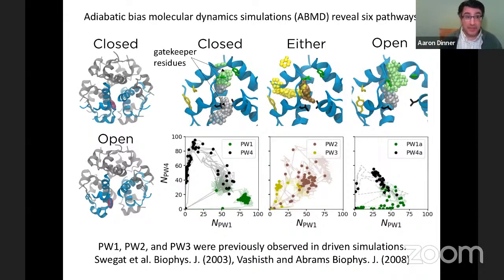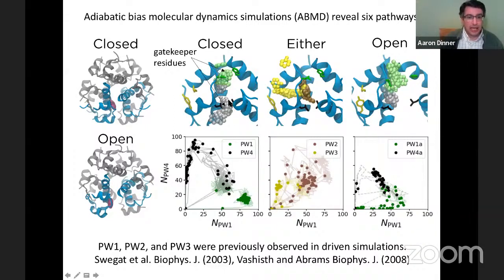It happens quite frequently in our simulations, and that hadn't been seen before. If you count the closed and the open states as separate pathways, then we see 6 pathways of escape for the phenol. These van der Waals spheres are the phenol with many configurations superimposed.